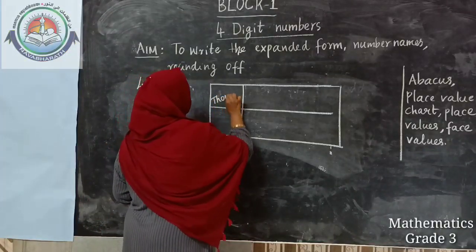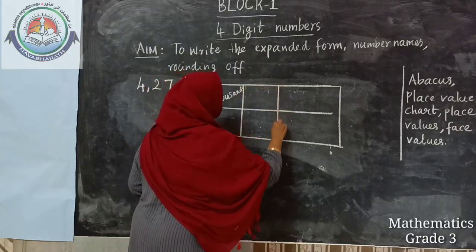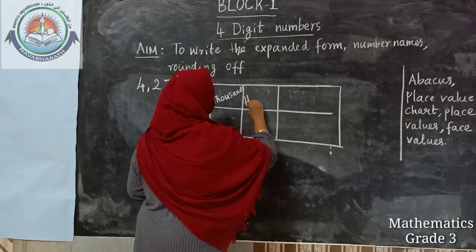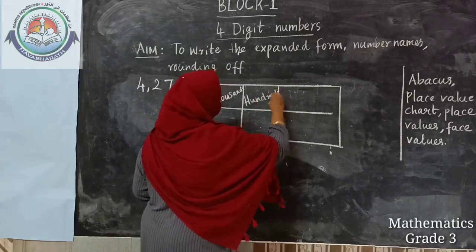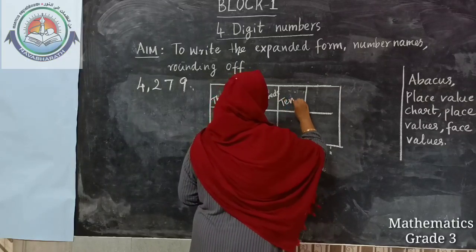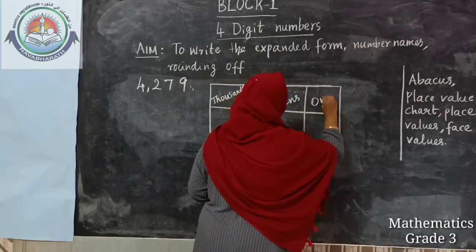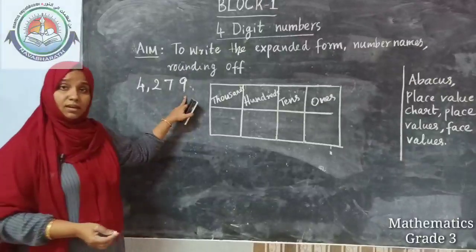The first column is thousands. Next is hundreds. Next tens. Next ones. And in this number, how many ones are there?